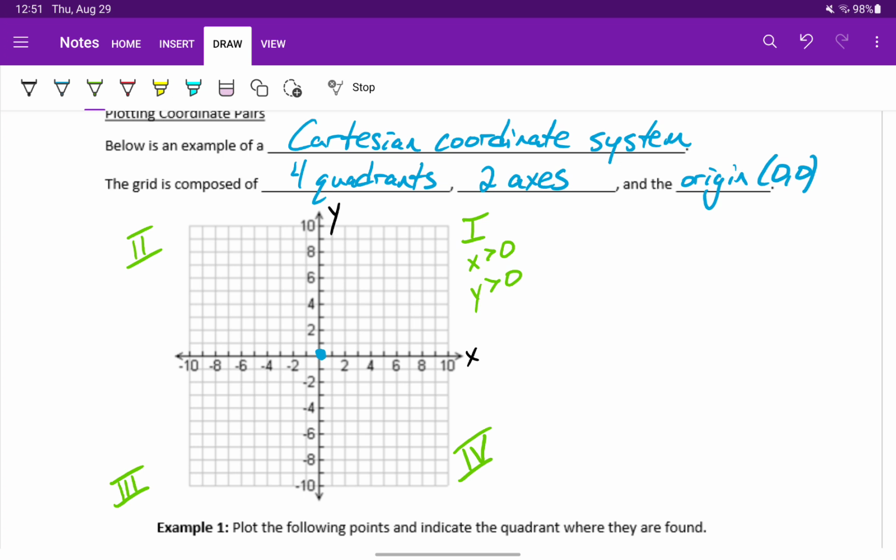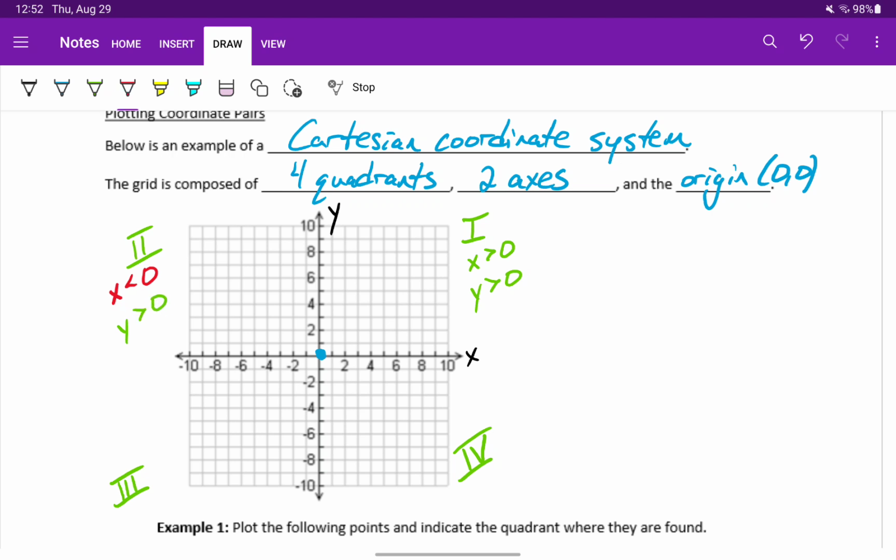As we move into the second quadrant, to find a point there, we would have to move to the left of the origin, meaning our x value would be negative, but we'd still be going up above the x-axis, meaning our y-coordinate will be positive.